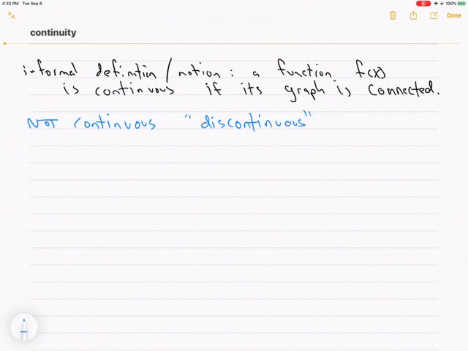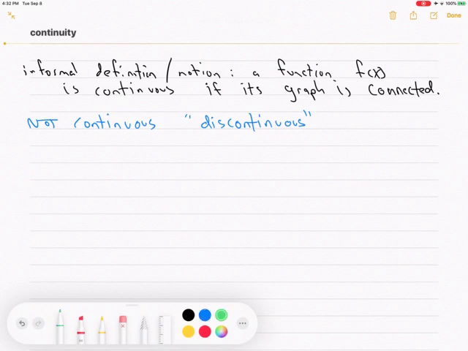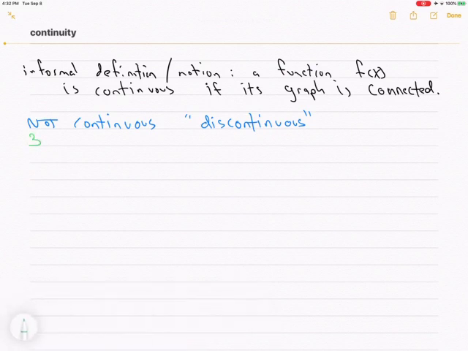Okay, so there are three types. There are exactly three types of discontinuities. In other words, there are exactly three ways that a function cannot be continuous. So what are the three ways?